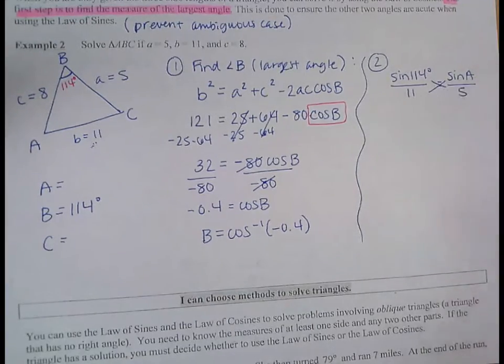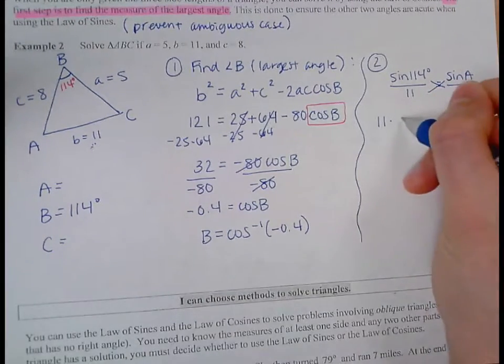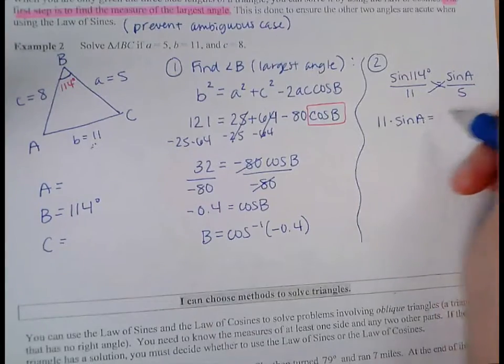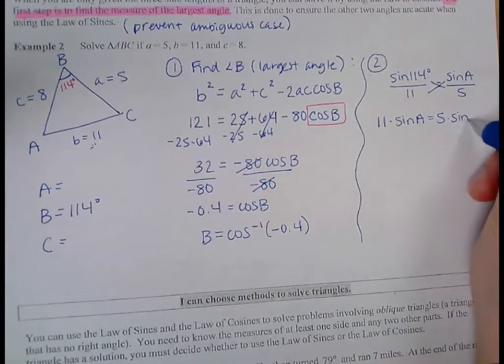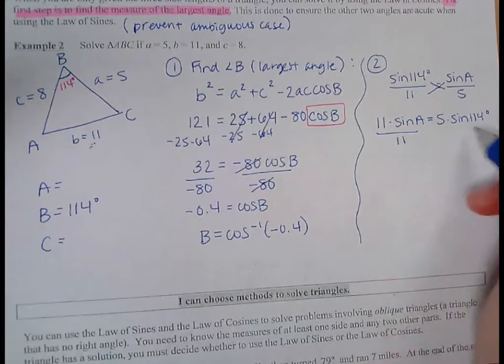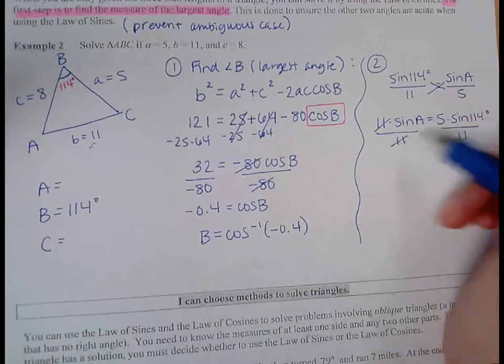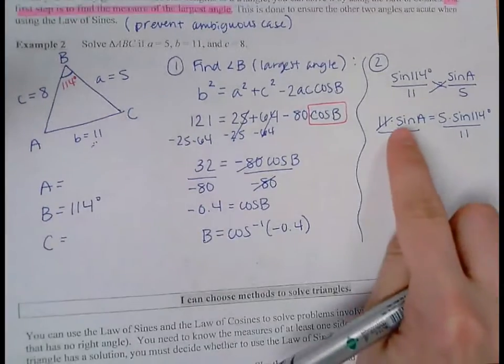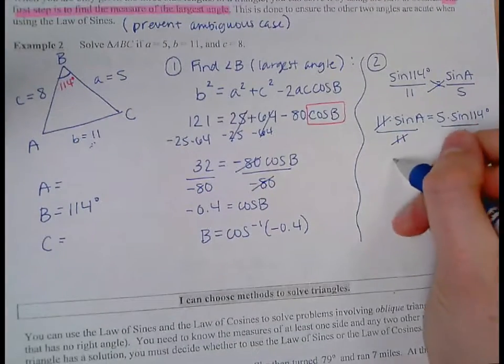So set the cross products equal: 11 times sine of A equals 5 times sine of 114. Divide both sides by 11, and then that's going to equal sine of A, so then take the inverse.